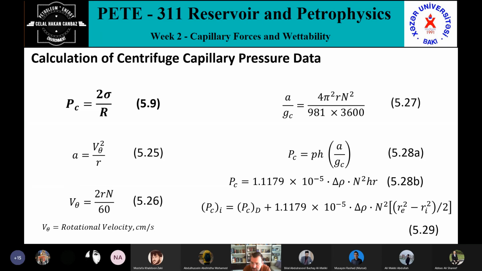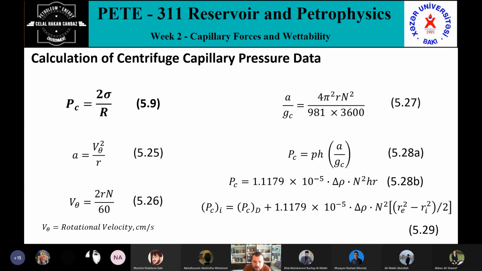So the equation for capillary pressure in a centrifugal force field is derived by beginning with this formula, 5.9, which was obtained for capillary rise in a straight tube. We already talked about this. And the centrifugal acceleration, we call it A, is the square of the rotational velocity divided by r. Okay, here the rotational velocity is in centimeters per second.